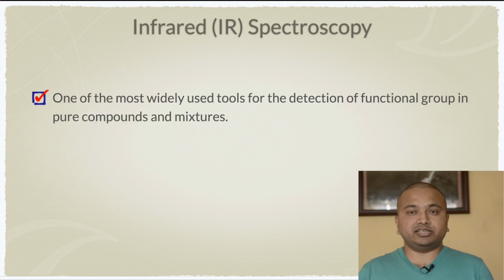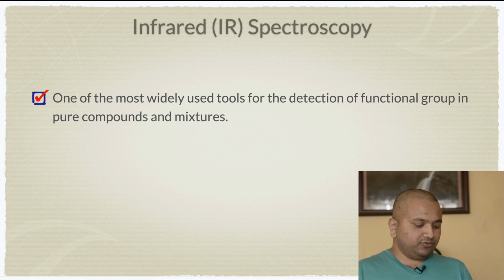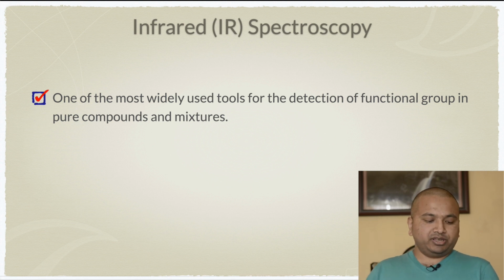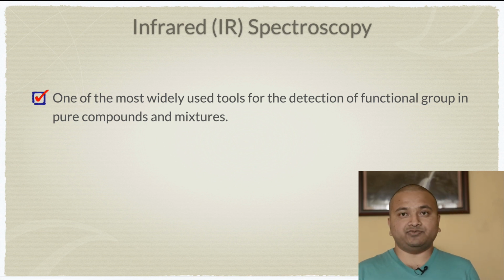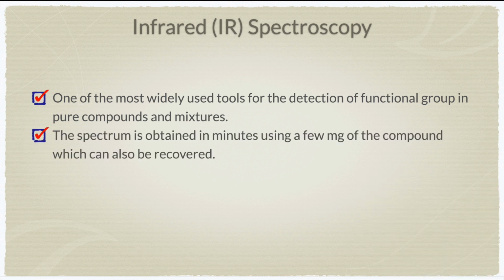Okay, so let's see some of the characteristics. IR radiation is the most widely used tool for the detection of functional groups in pure compounds and also in mixtures. That is one of the important things. The process is rather quick, and you can obtain the spectrum in just minutes, and you can also use just a small amount, just a few milligrams of the compound, and the compound also can then be recovered.